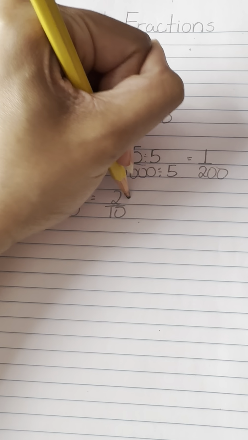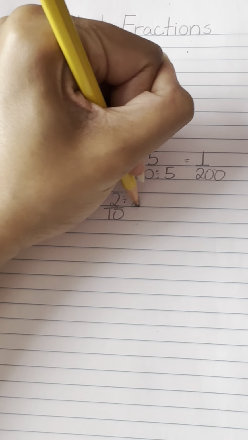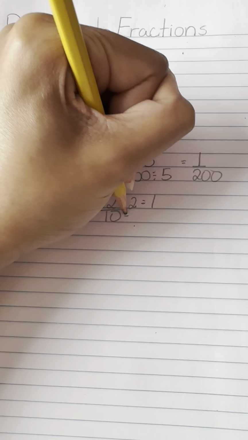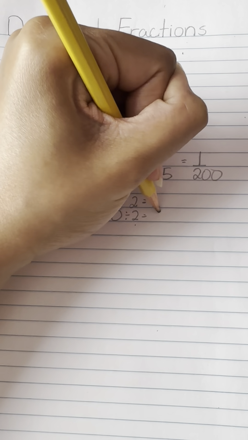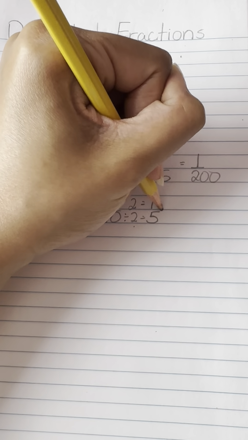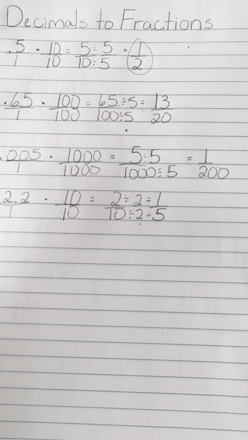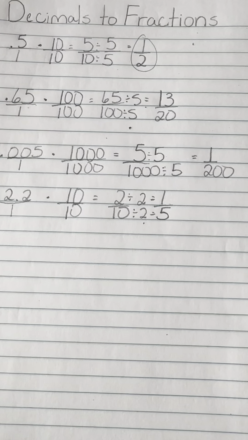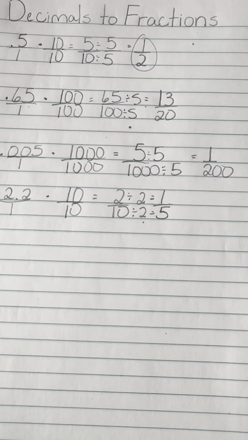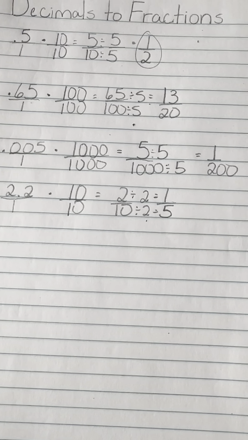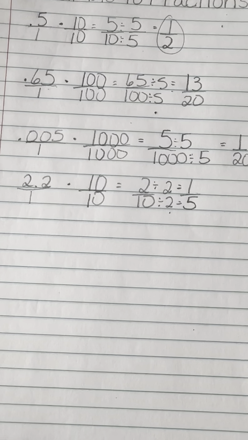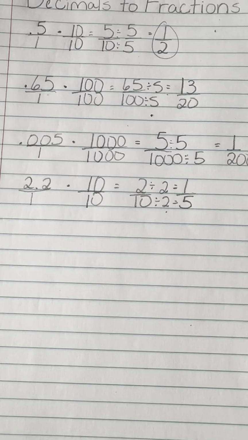Oh, let's simplify this first though. Divided by 2 is 1. Divided by 2 is 5. Okay, but I'm just going to leave our answer there.